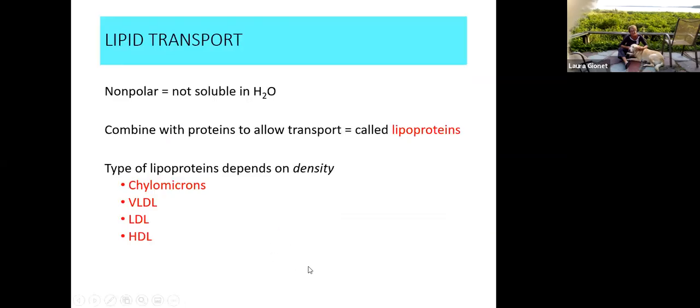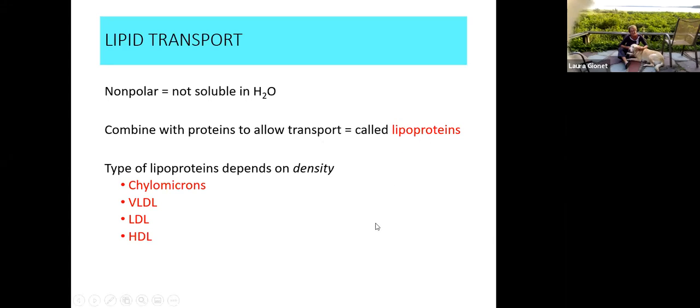Okay, we're going to talk a little bit more about how we transport some lipids and things, and what are the differences of these molecules. Lipid transport, remember, it's a non-polar, covalently bonded molecule, so it's insoluble in water, and must combine with some proteins on the surface of it to be transported as a lipoprotein.